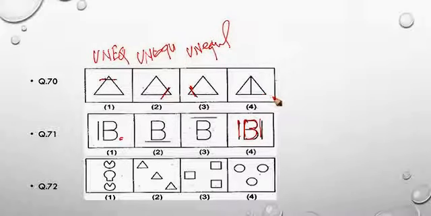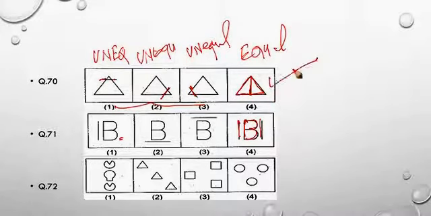But in case of option 4, the line which is drawn this way is dividing the triangle into two equal parts. So option 1, option 2 and option 3 share a similarity, whereas option 4 is different. So answer for question number 70 is 4.